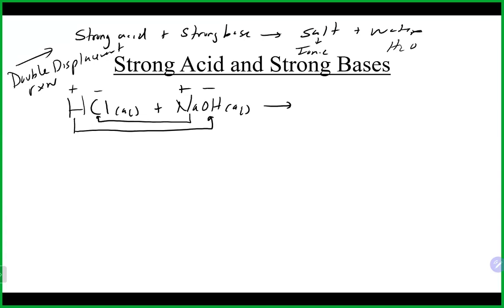And pretty much in this case, when you switch partners, you have H plus and OH minus. And that is where water comes from. So pretty much in this reaction of a strong acid with a strong base, the H from the acid and the OH from the base will come together to make water.